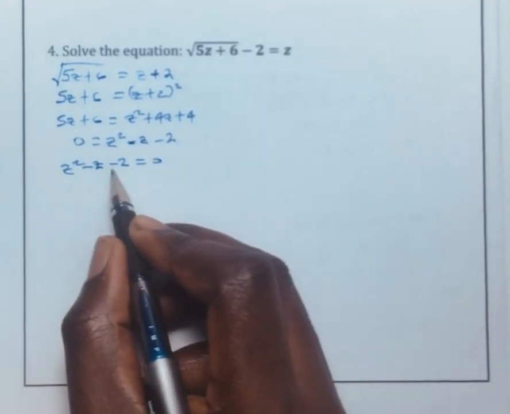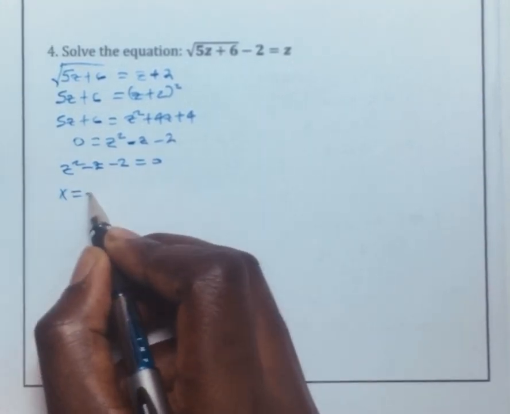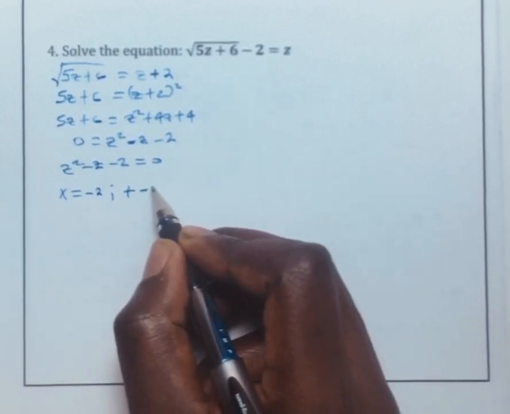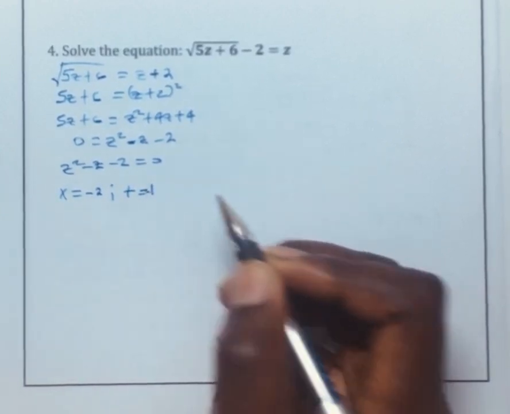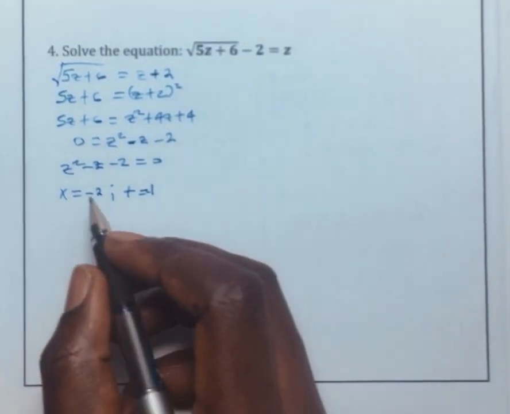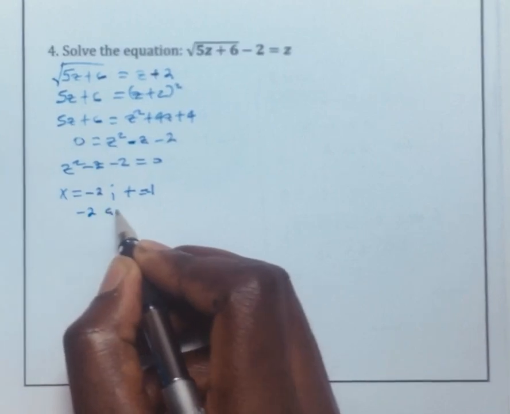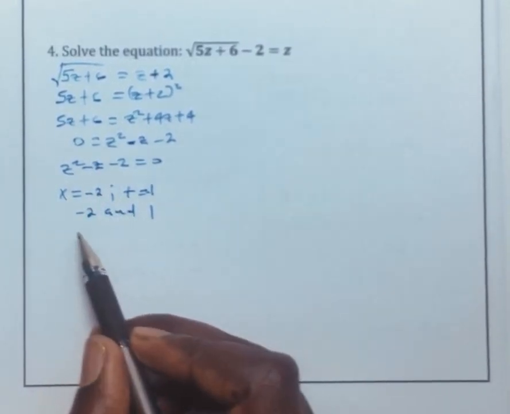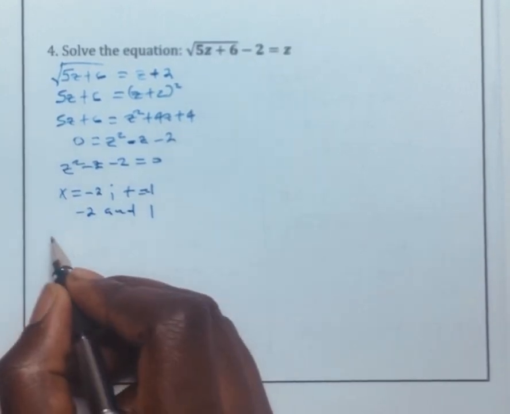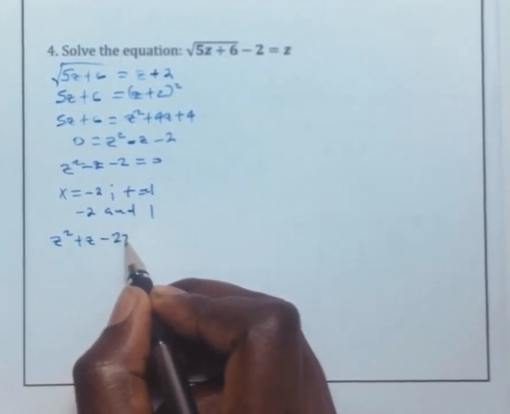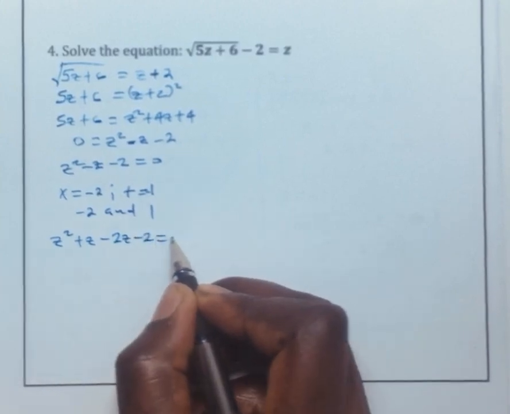So we are going to need two numbers whose product is -2 and their sum is -1. Those two numbers are -2 and +1. So we just split the middle term into -2z and z. So we have z squared plus z minus 2z minus 2 is equal to 0.